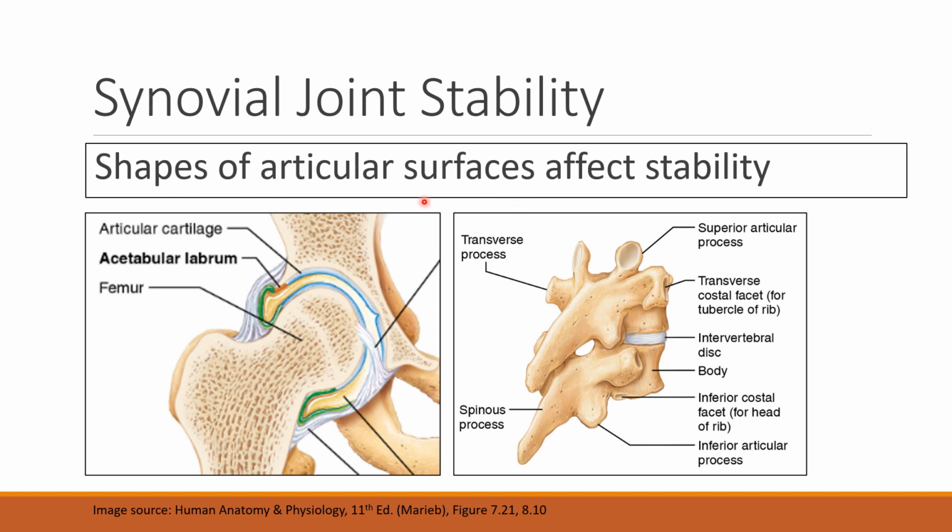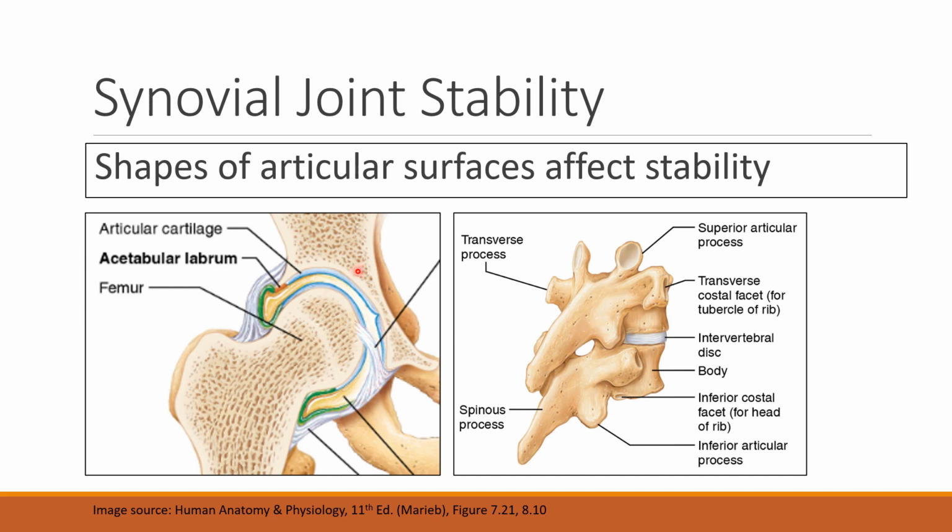Here's an example of synovial joint stability. There's a difference between this joint here and this joint over here. This one over here has much greater stability, for example because of the shape of the surfaces. We have the head of the femur and the acetabulum.